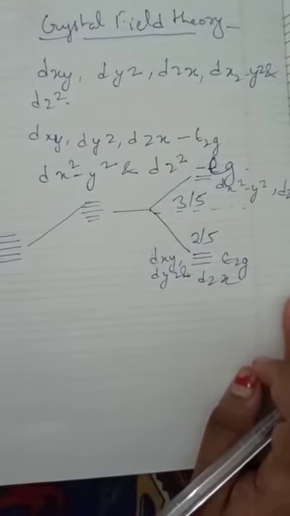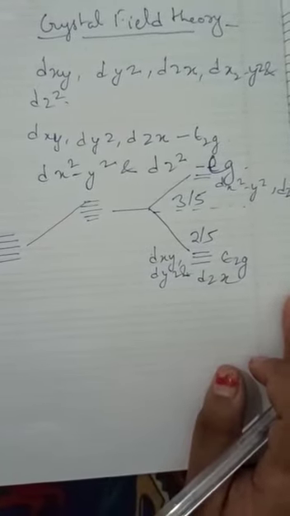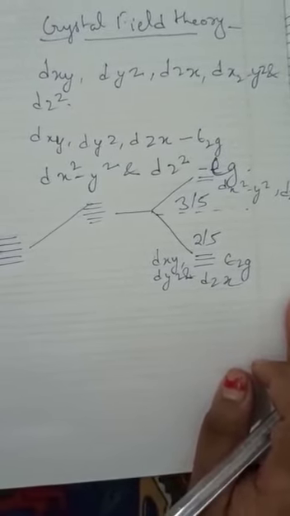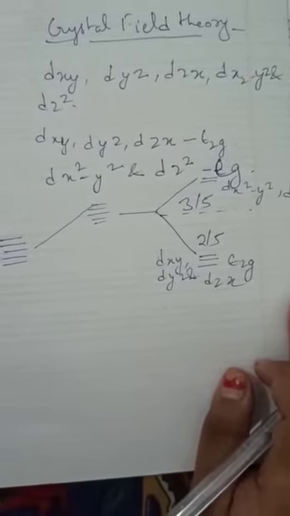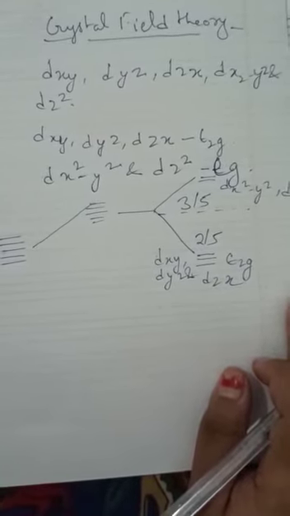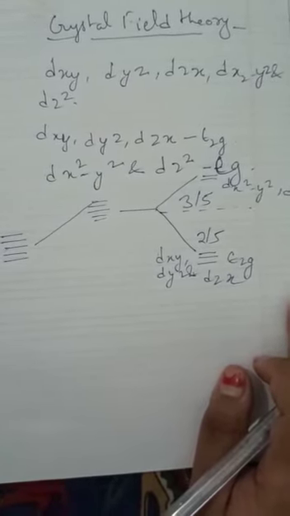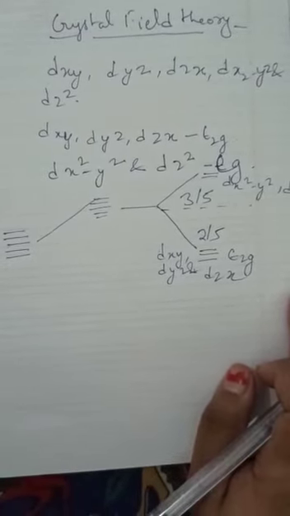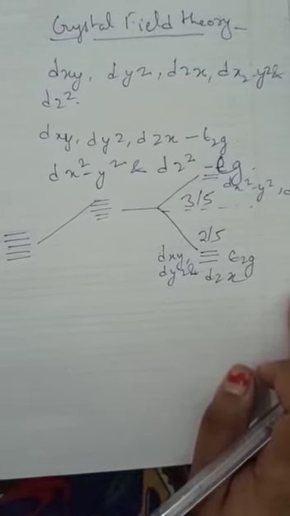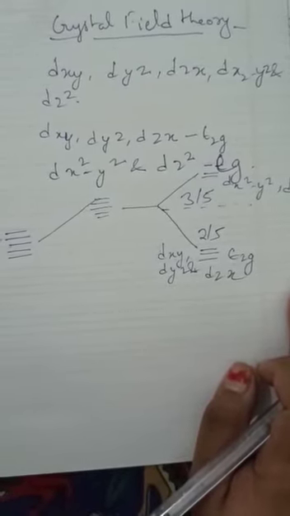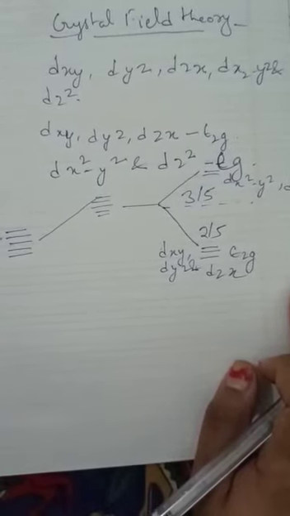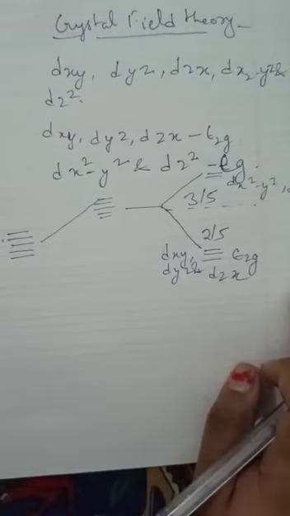Basically, the crystal field splitting depends on the electric field produced by the ligand, and also on the charge of the metal ion. Some ligands are able to produce strong fields and some produce weak fields. On this basis, there are two types of ligands: the strong field ligand and the weak field ligand.